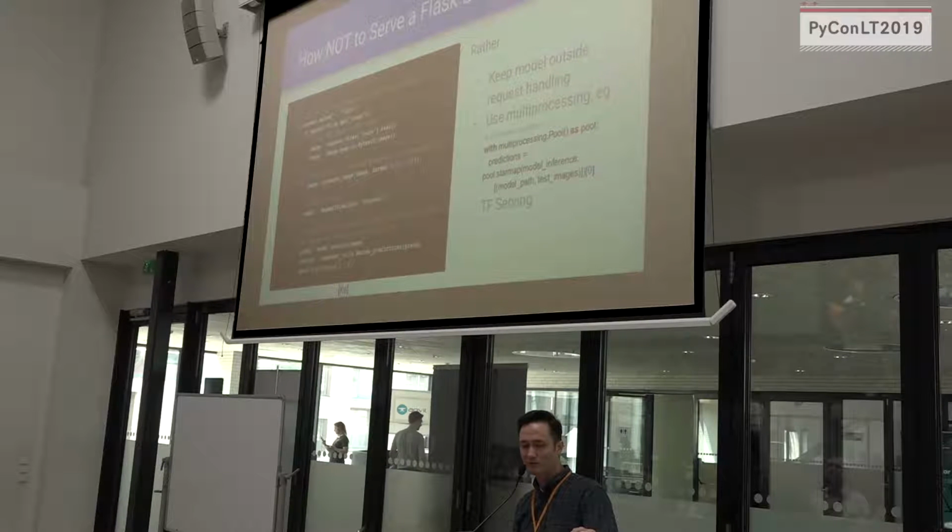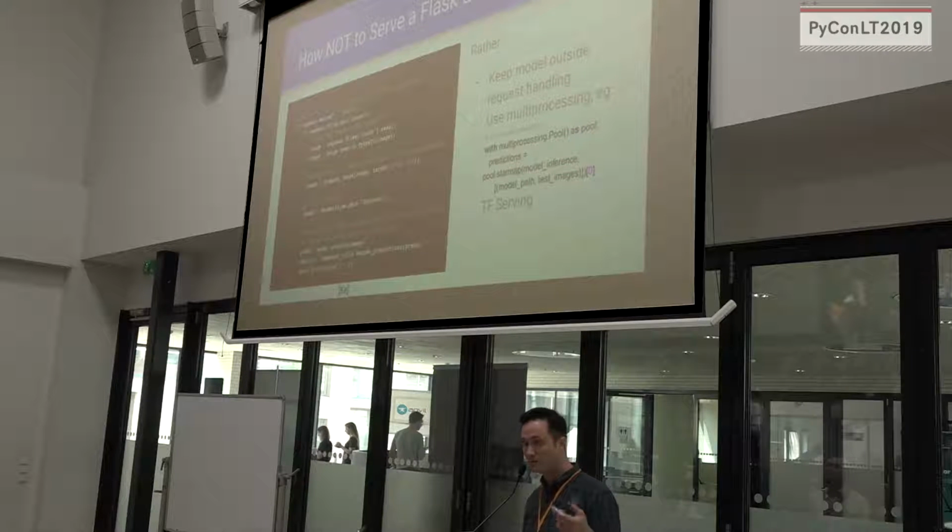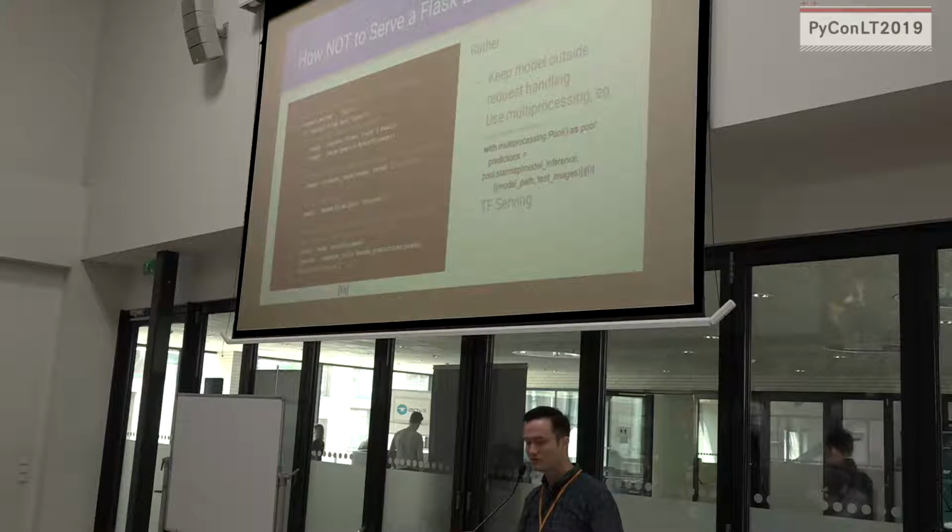In your post response, you definitely don't want to instantiate your whole model within each response, because that would load up all of your weights. Beginner's mistake. If you want your model to be available, one thing you can do is move it outside of the request function, or you can put it into multiprocessing, which is good.